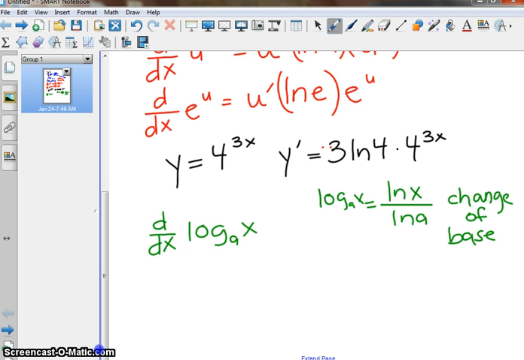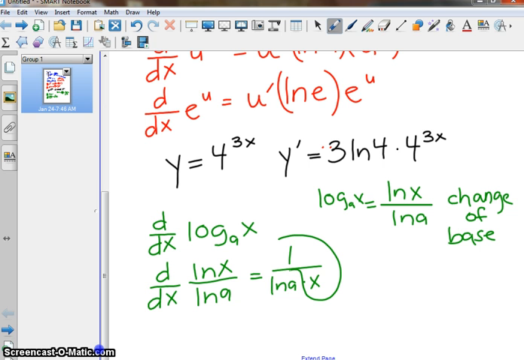So my recommendation for this problem is to go ahead and rewrite it with the change of base. Now, because natural log of a is just a constant, and the derivative of natural log of x is 1 over x, you will have 1 over natural log of a as your coefficient, 1 over x being the derivative of natural log of x. So that's how I recommend doing the problem.